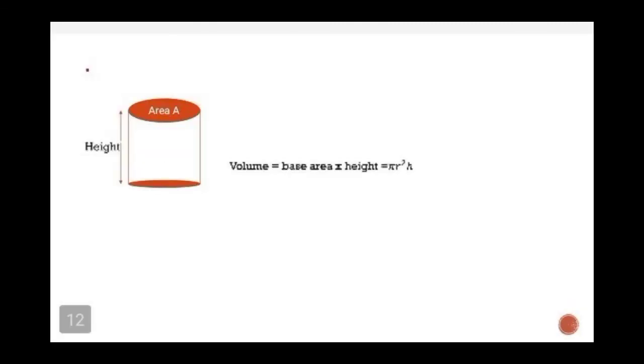So this is the figure of a cylinder and the formula for the volume of the cylinder. Volume is equal to base area times height equals pi r raised to 2 times h. H is the height.